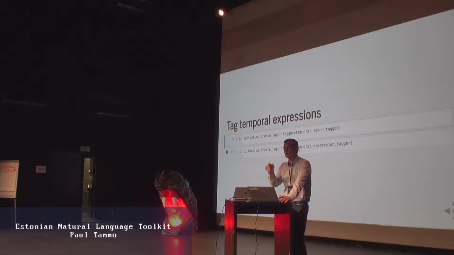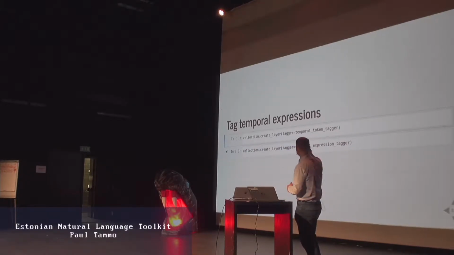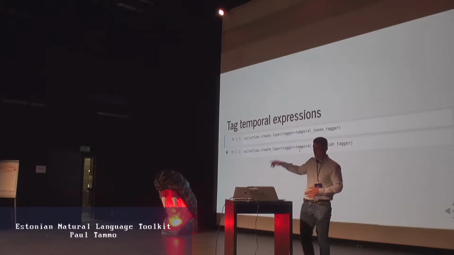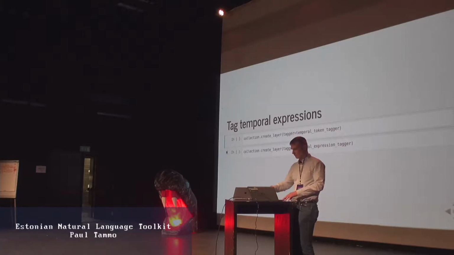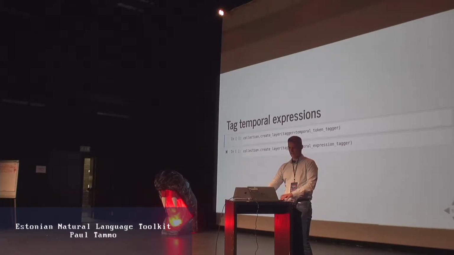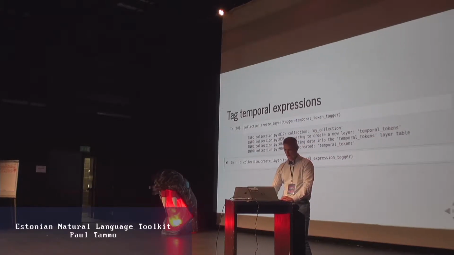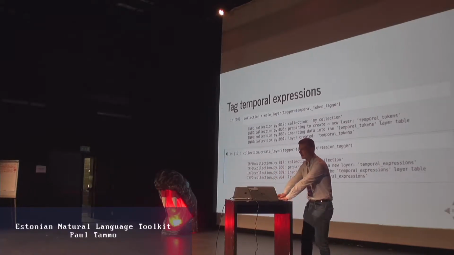Okay, but we have our temporal expression taggers. First the temporal token tagger, and then the temporal expression tagger we used before. We can use them on the collection as well. First, we run the temporal token tagger successfully, then we can run the temporal expression tagger.